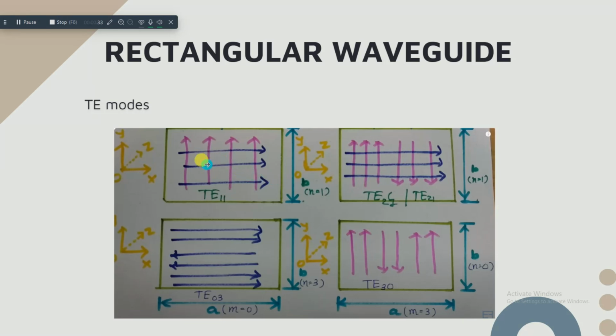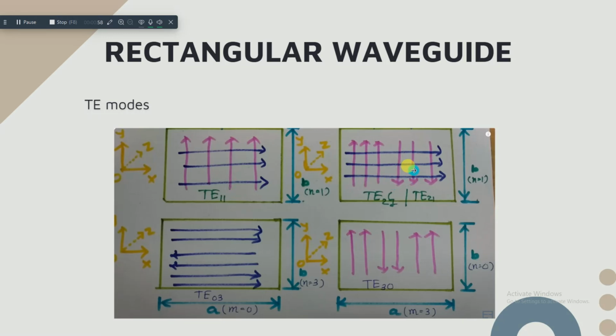In the first picture, in the first rectangular waveguide, we can see there is just one variation along one direction and just one variation along the other. So this m will be 1 and this n will be 1, so this is called the TE11 mode.